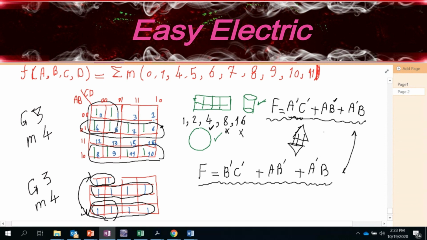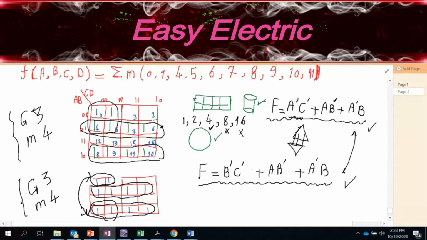That means you need the same gates to implement this one, and also the same gates for this one. So no matter if you end up with different groups, if you just follow these rules, definitely you will end up with the simplest form, which has the same number of gates.